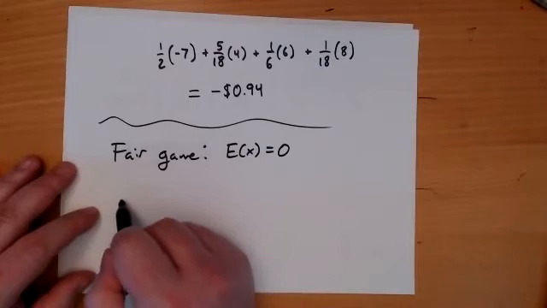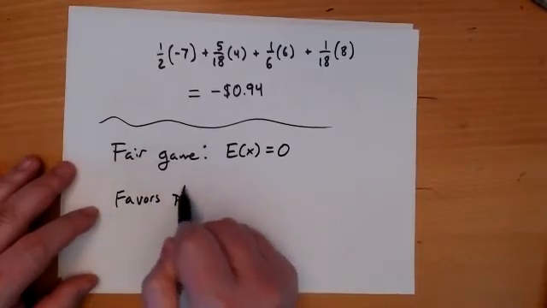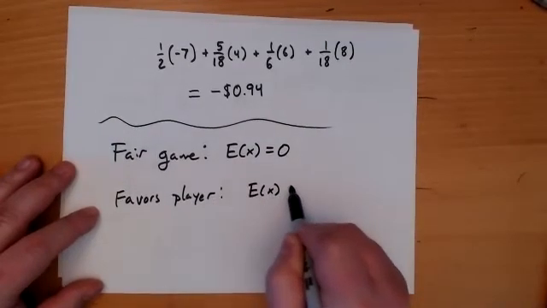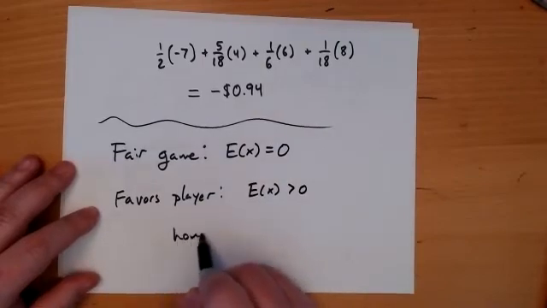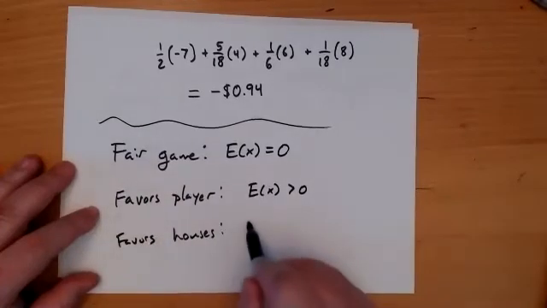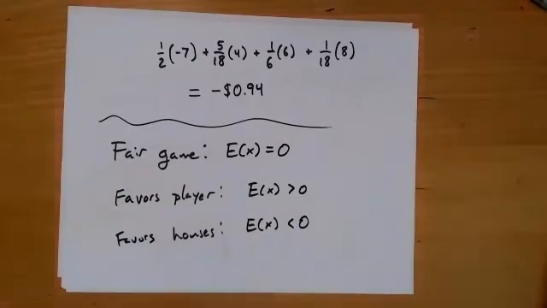If it favors the player, the expectation value is positive, and if it favors the house, the expectation value is negative. Okay, so this is not a fair game.